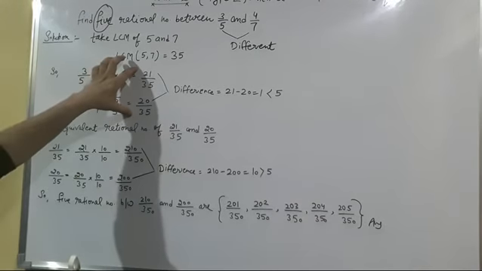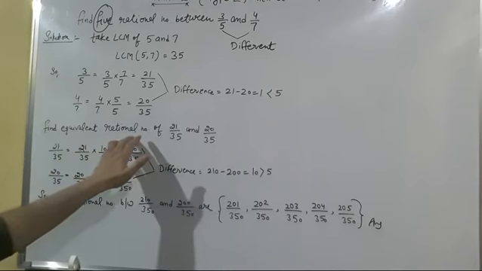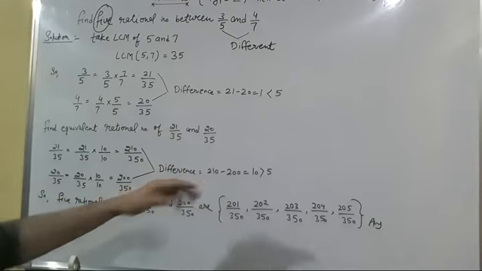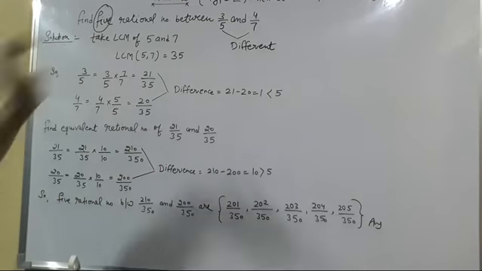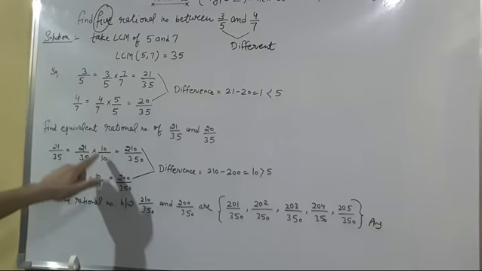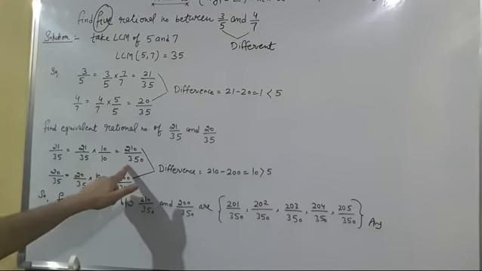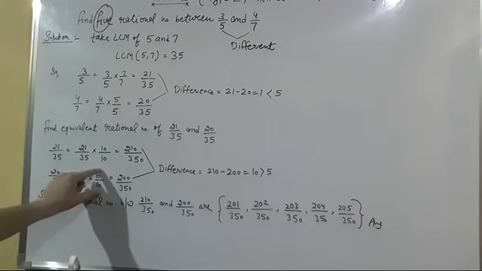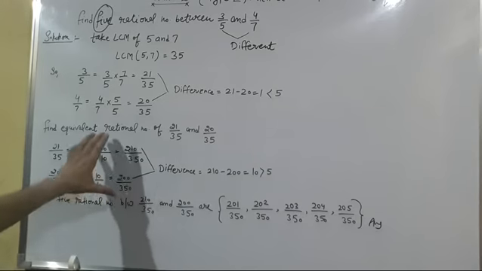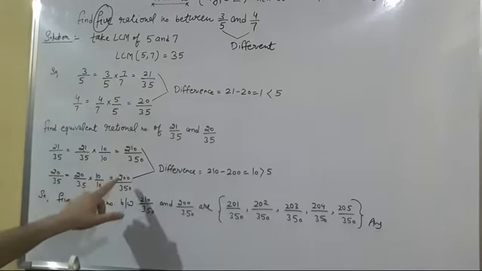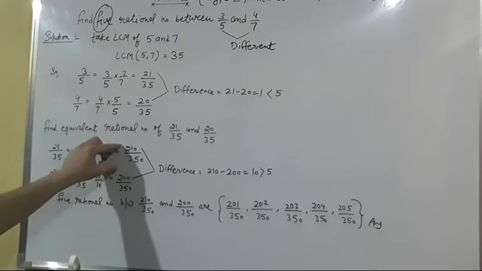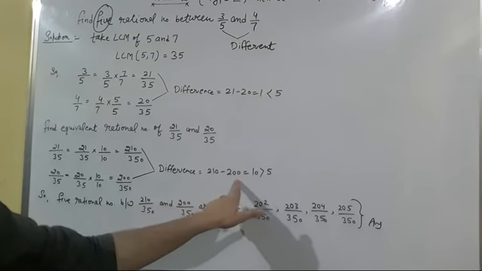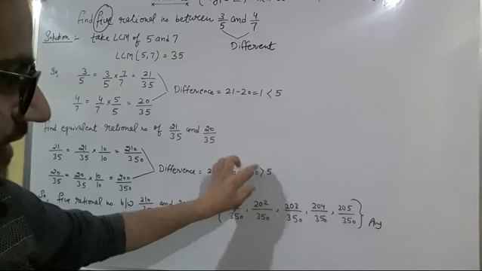Therefore, now we will find the equivalent rational numbers of 21 upon 35 and 20 upon 35, so that their difference is greater than 5. 21 upon 35 multiplied by 10 by 10 will be equal to 210 upon 350, and 20 upon 35 multiplied by 10 by 10 will be 200 upon 350. Denominators are the same here. Now we will find again the difference of the numerators, and the difference here is 210 minus 200 equals 10, and 10 is greater than 5.